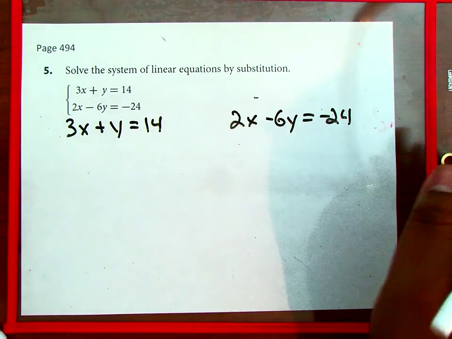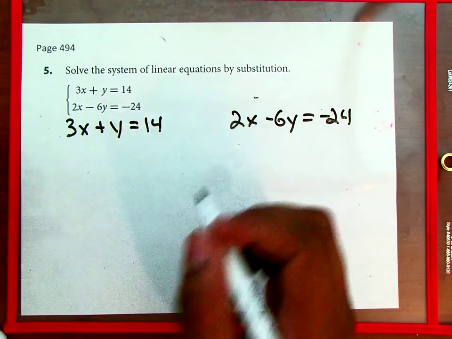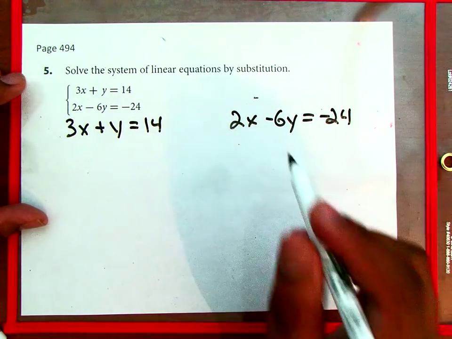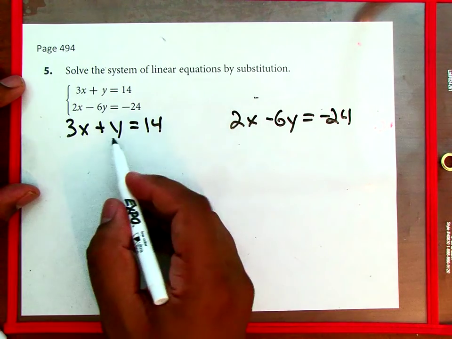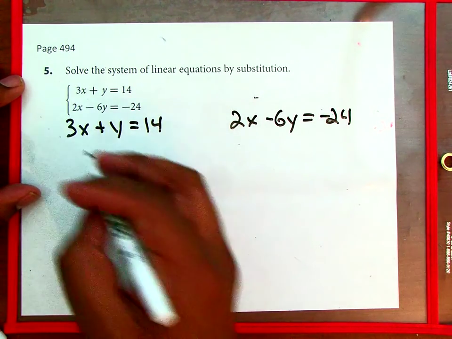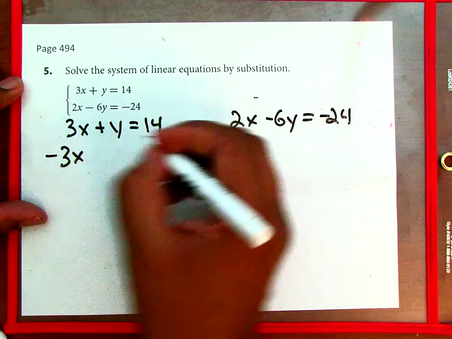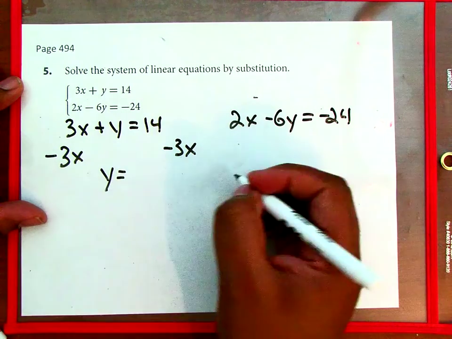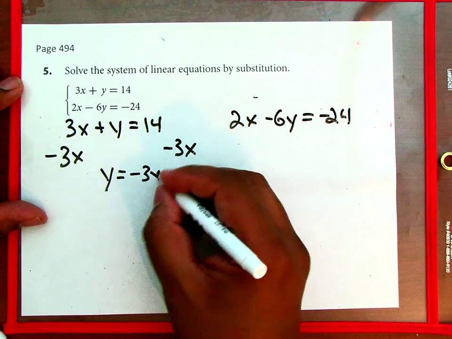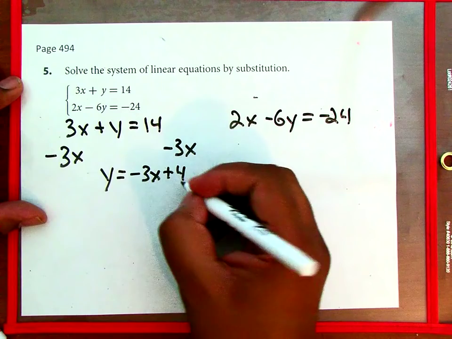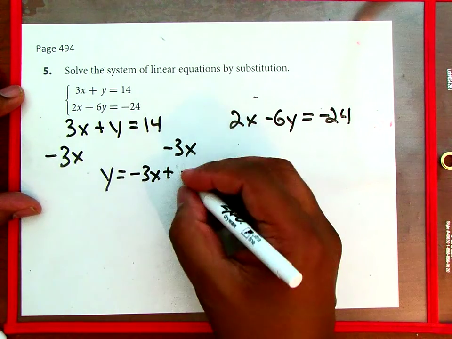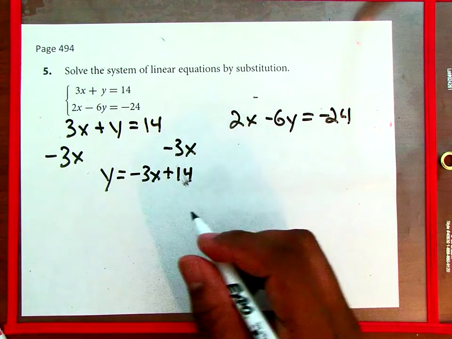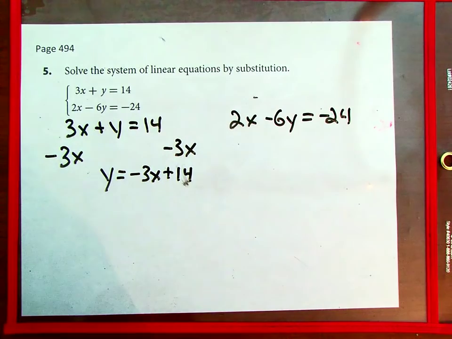I want to pick the easiest one, which is to solve for this y. So I'll subtract 3x on both sides, leaving y is equal to negative 3x plus 14. So this equation is solved for y.